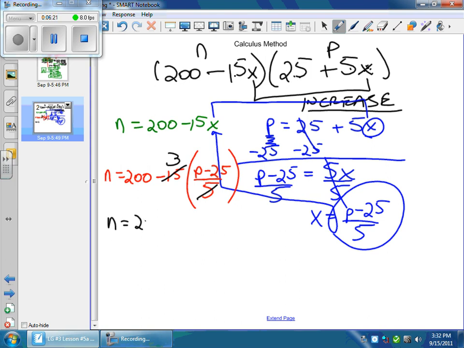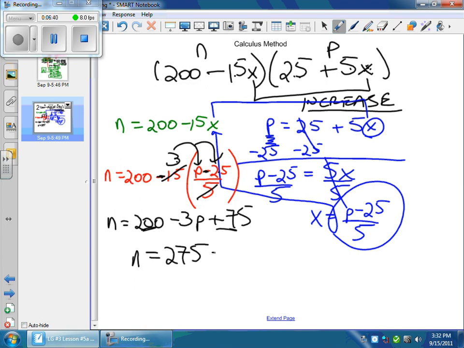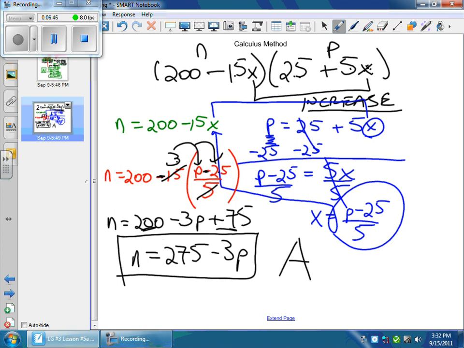Tell me that this does not suddenly look familiar. Mailman that guy in by distributing it. Minus 3p plus 3 times 25 is 75. The negative and negative cancel out, right? So now combine like terms and look what you got. N equals 275 minus 3p, which is exactly what you had on the other side, and the answer for that guy is A.